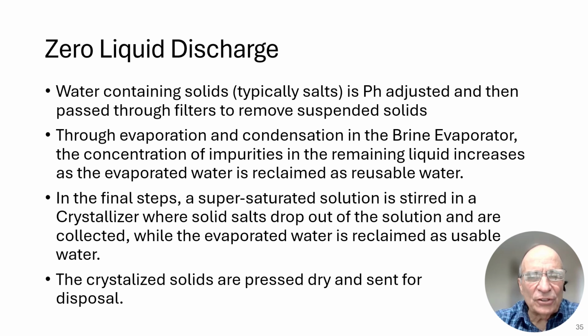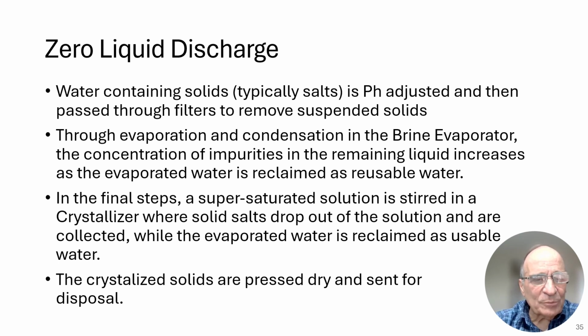Zero liquid discharge systems are typically used to reclaim water and make it reusable. Water containing solids, typically salts, is pH adjusted and then passed through filters to remove suspended solids. Through evaporation and condensation in the brine evaporator, the concentration of impurities in the remaining liquid increases as the evaporated water is reclaimed for reusable water.